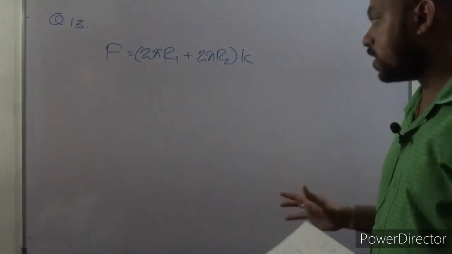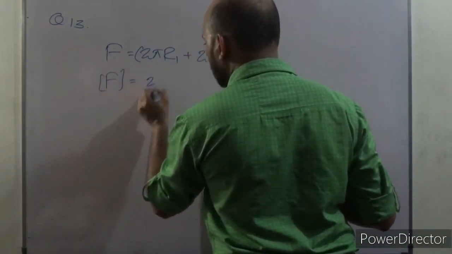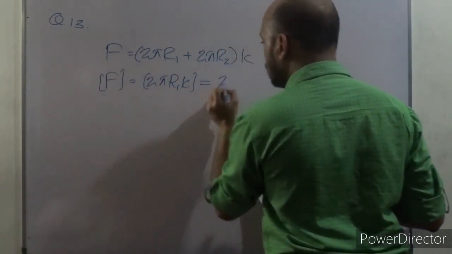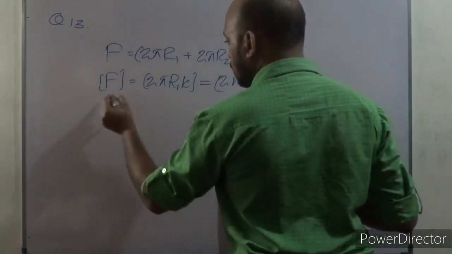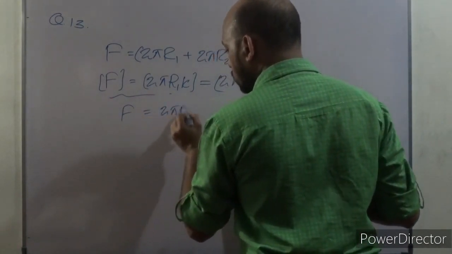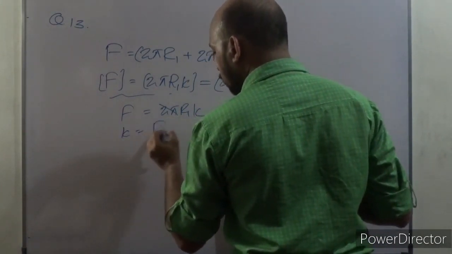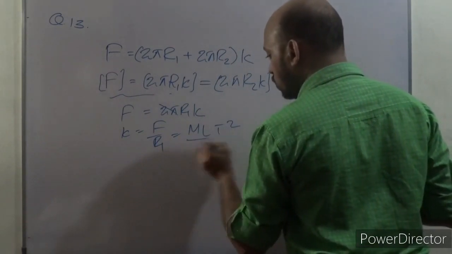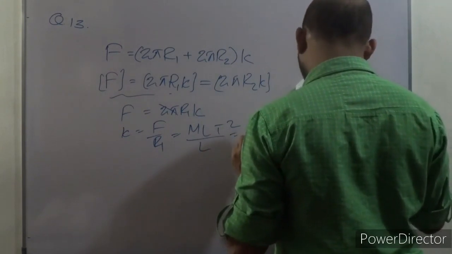If this is a correct equation, we know the dimensions of each term should be equal. So comparing these, k should be F over r1, a constant. F is MLT to the minus 2, r is L, so k is MT to the minus 2. Answer 1.